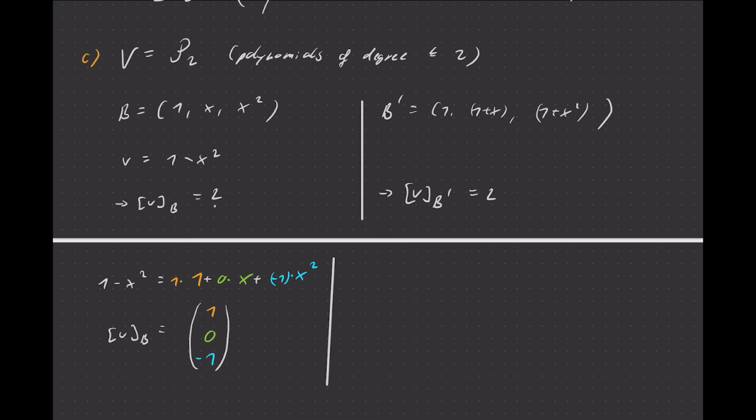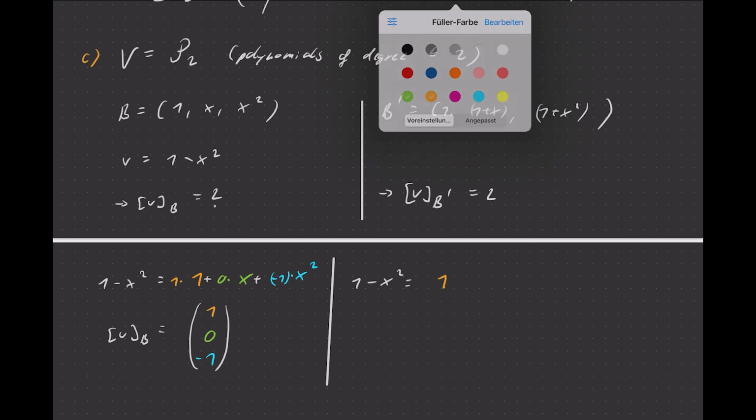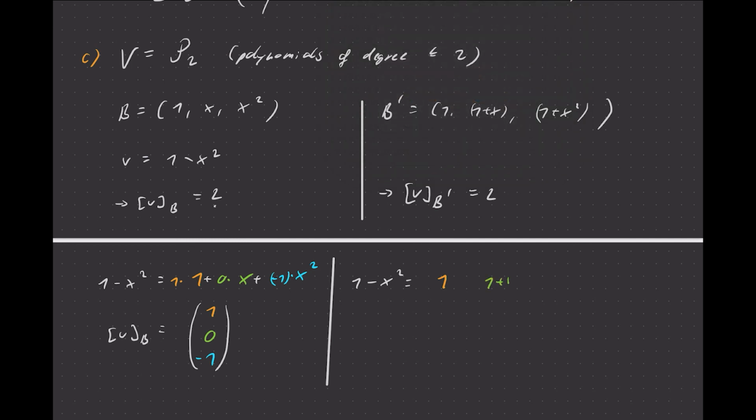And again, what we have to do is we represent V, 1 minus x squared, as a linear combination of those basis vectors here. And now the basis vectors are 1, 1 plus x, and 1 plus x squared.